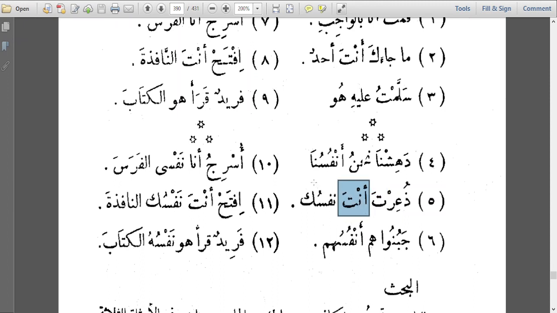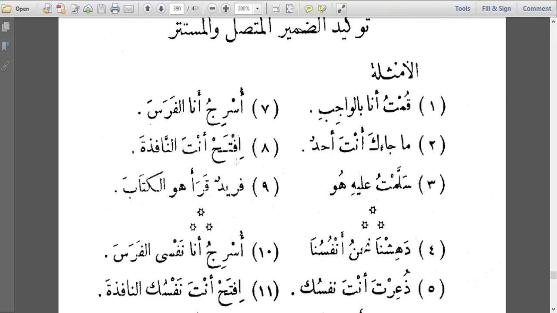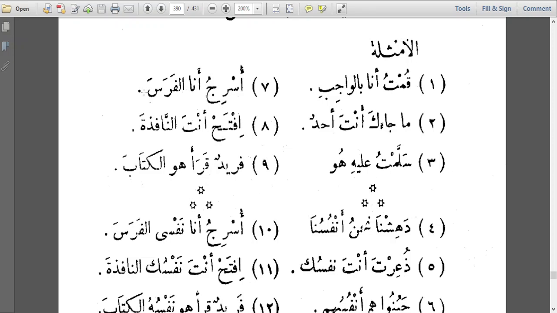It didn't stop there. Nafsuka followed it. Jabunu, the damir waw here, which is the fa'il, waw al-jama'a, is being emphasized by hum, and then also by anfus. So you see the usage of the nafs and the damir munfasil to emphasize it. Double emphasis.